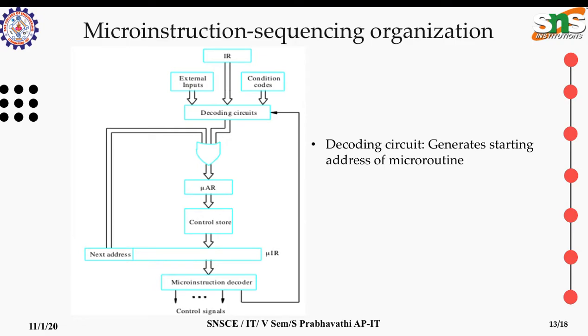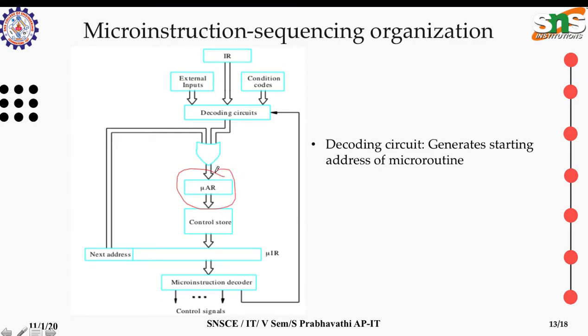Okay, and here is the alternate micro instruction sequencing organization when compared to the previous organization. The thing that gets replaced here is this part. Previously, in the micro instruction organization we have seen, here it is a micro program counter.